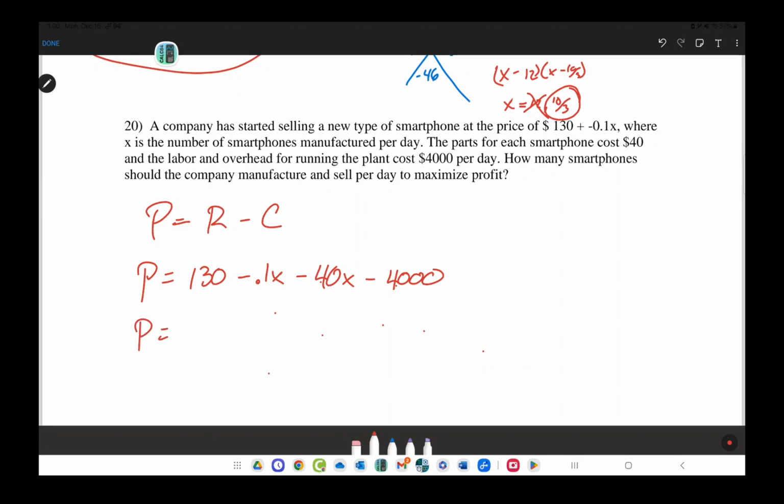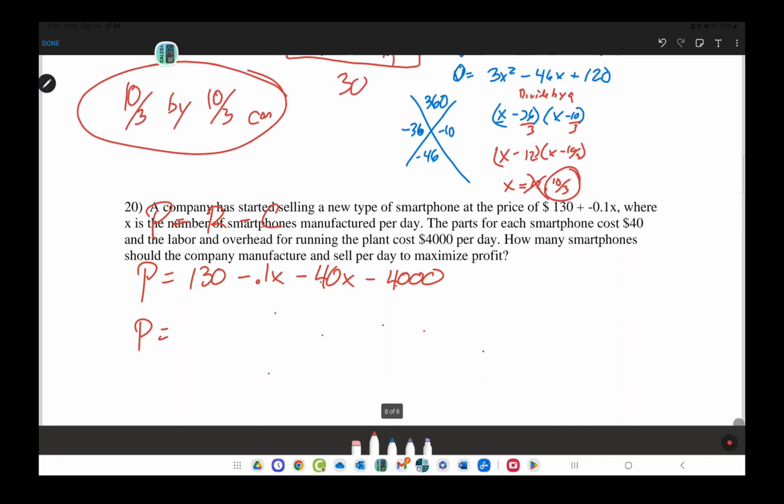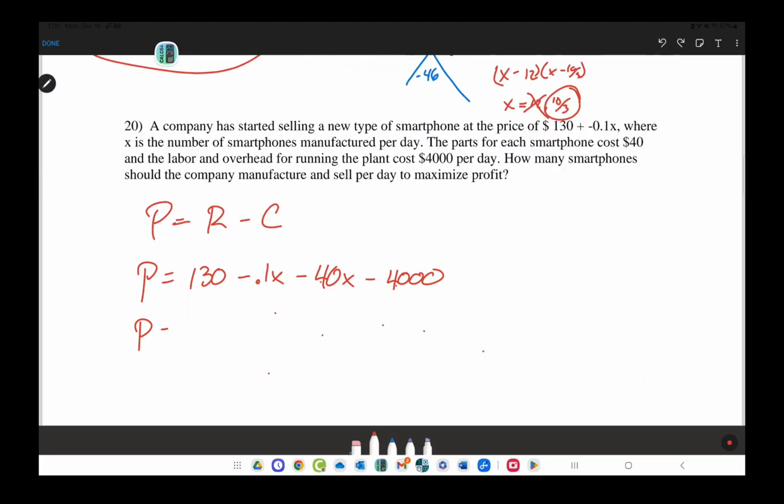P is equal to... Let's see here. Something's wrong here, though. It's automatically negative. Actually, x is the number of smartphones per day, and the cost of each smartphone, that should be x.